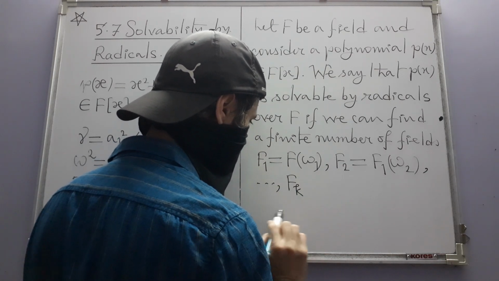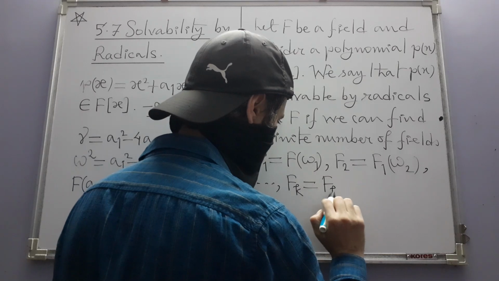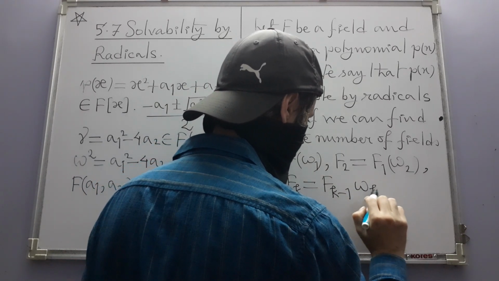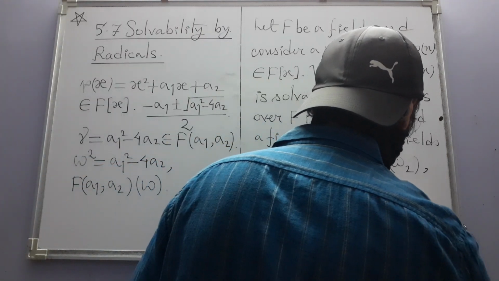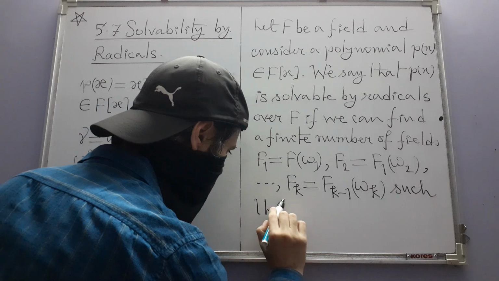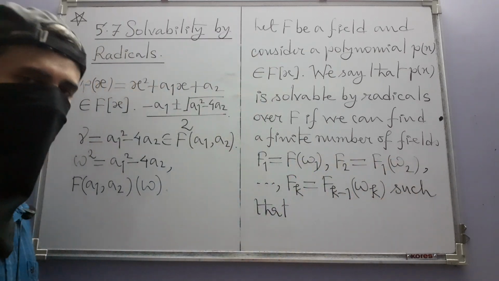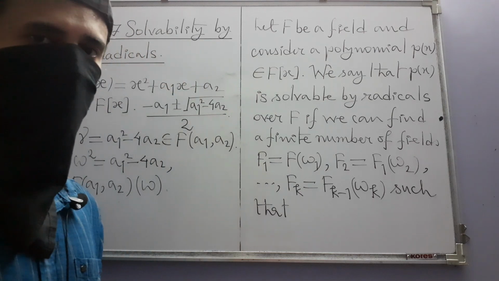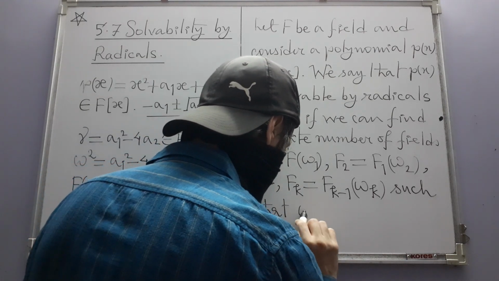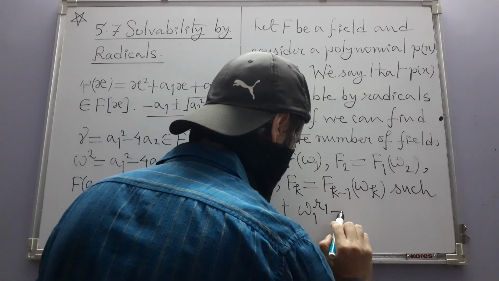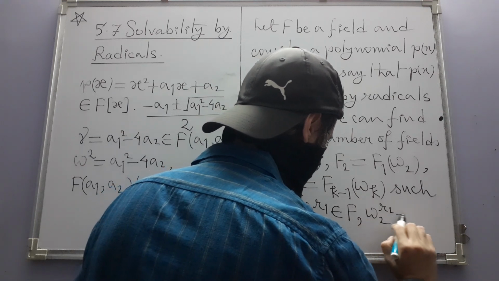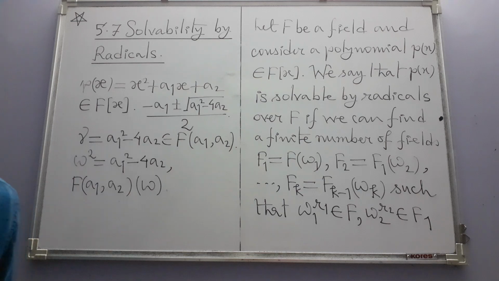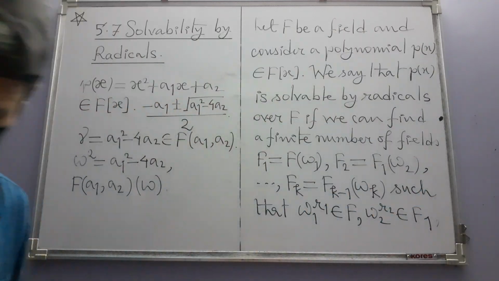Eventually, you reach an extension Fk, which is obtained by adjoining some element omega k to the previous extension F(k-1), such that some powers of these elements that have been adjoined belong to those fields where they have been adjoined, such that omega 1 to the power r1 belongs to F, omega 2 to the power r2 belongs to F1, and like that it goes.